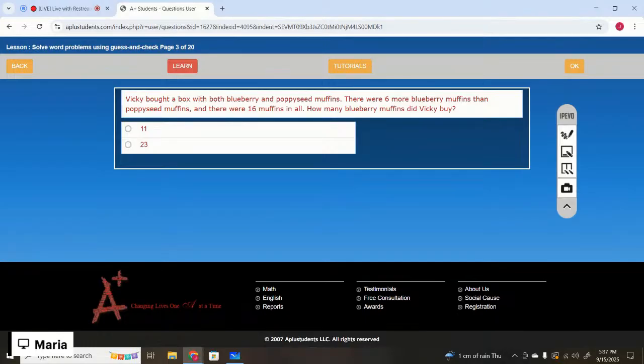Vicky bought a box with both blueberry and poppy seed muffins. There were 6 more blueberry muffins than poppy seed muffins, and there were 16 muffins in all.